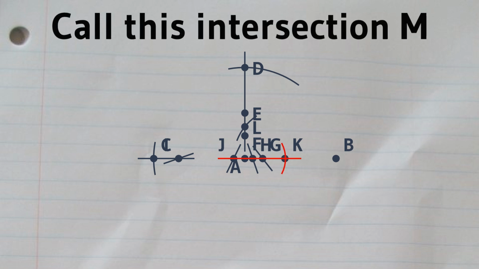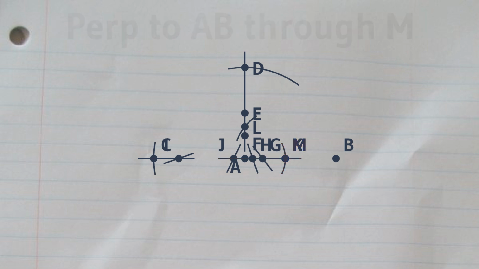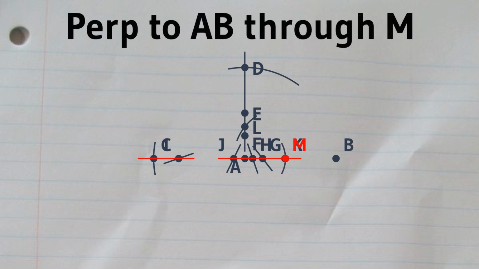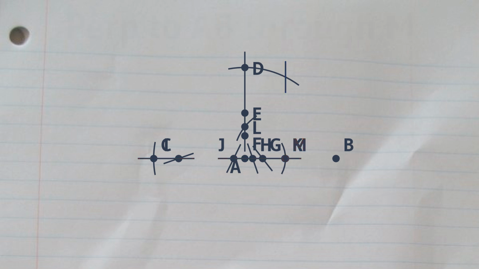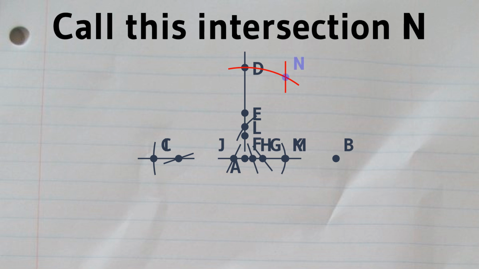That intersects the x-axis at a new point M, very close to K. Now we take a perpendicular to the x-axis through M. That gives a new intersection point N.